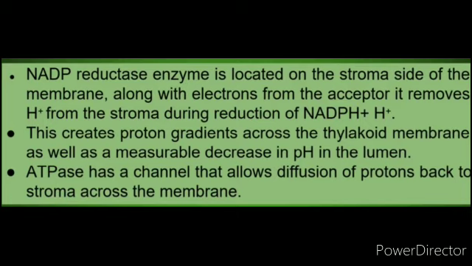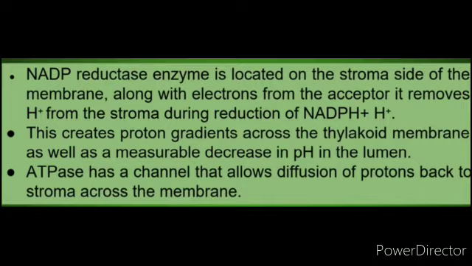The third point, the NADP reductase enzyme is located on the stroma side of the membrane, along with the electrons that come from the acceptor of electrons of photosystem 1. Protons are necessary for the reduction of NADP to NADPH plus H plus.